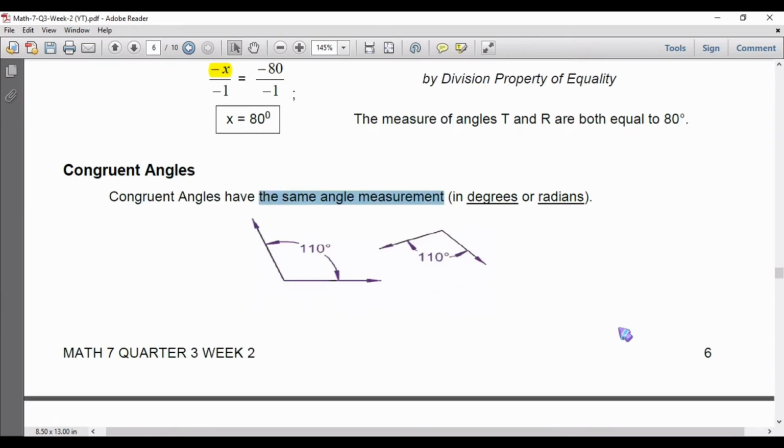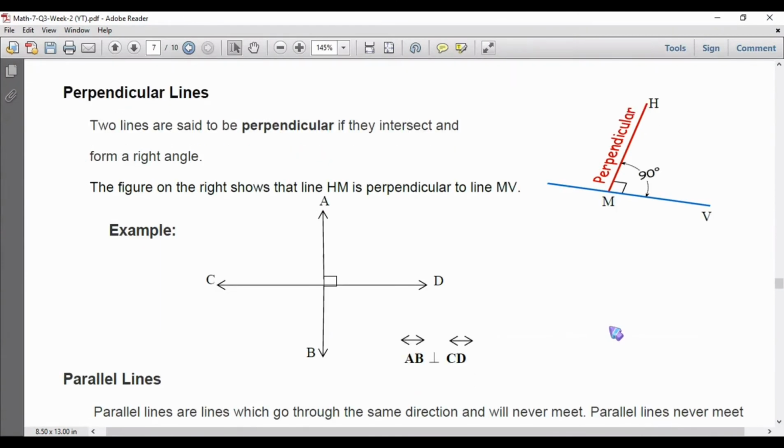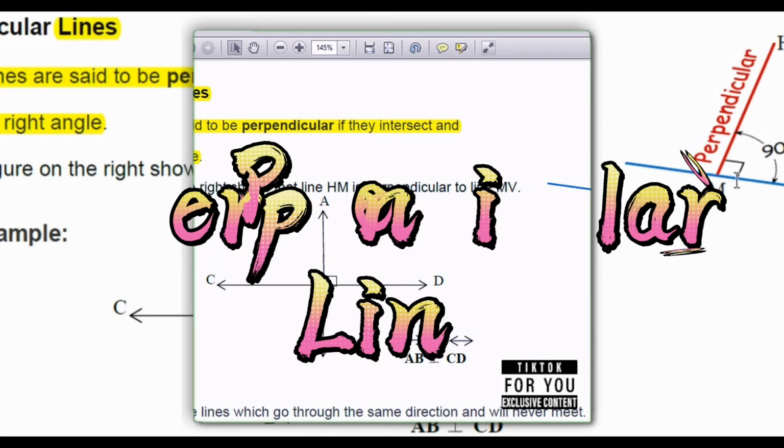This time let's have perpendicular lines. Two lines are said to be perpendicular if they intersect and form a right angle. If they form a right angle, then they are perpendicular. Like this: two lines, line HM and line MV.